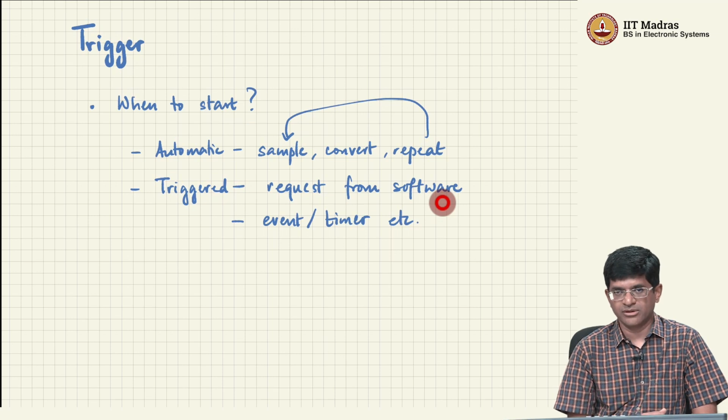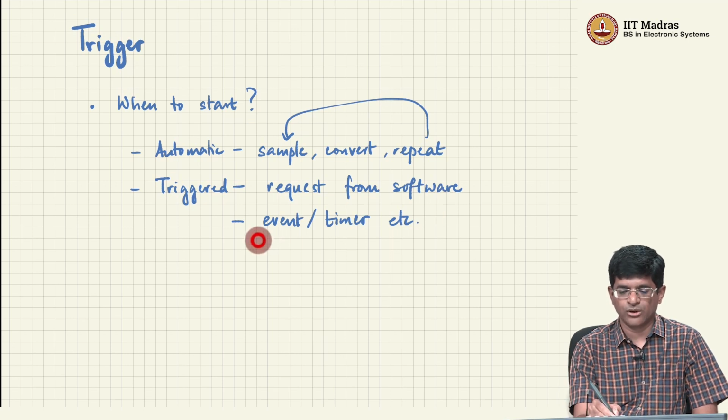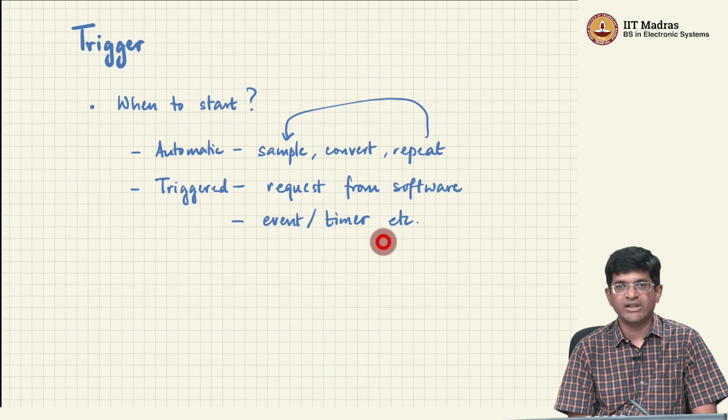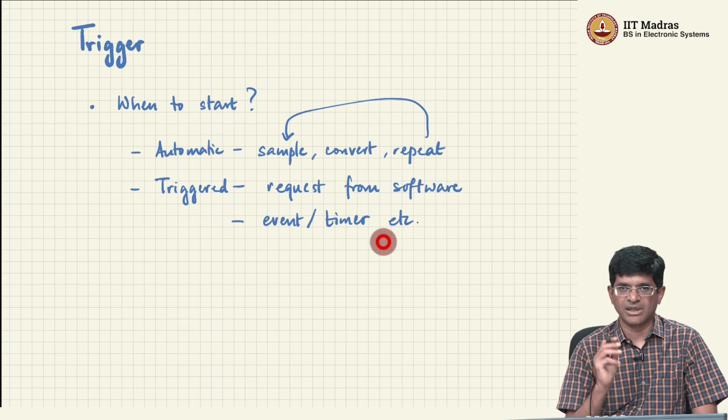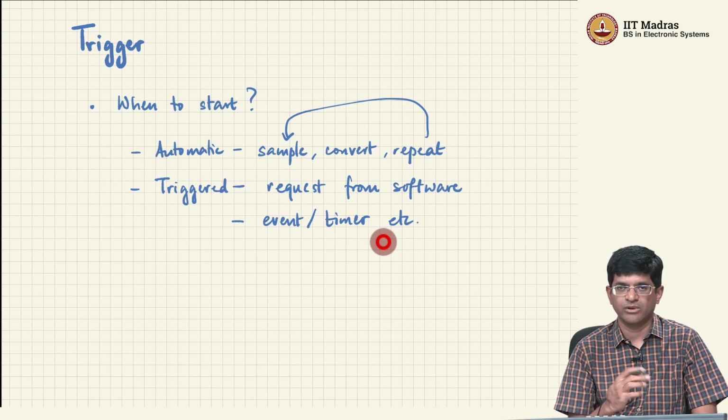And the alternative would be to have some kind of an event that is generated perhaps by a timer. So there's a timer which automatically generates a signal once every second or once every minute, and based on that, my analog to digital converter kicks in, performs a conversion and gives me a number. So how you trigger the conversions is also something that can be controlled from software.